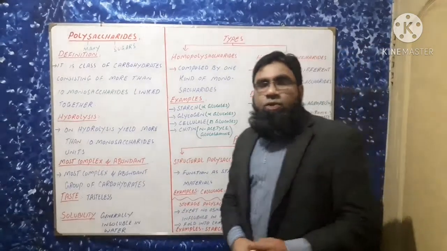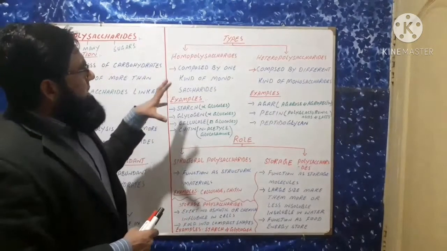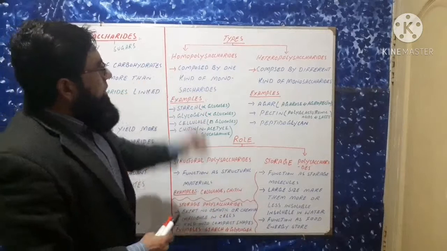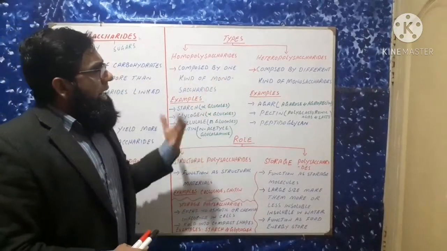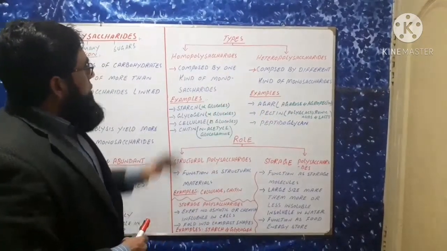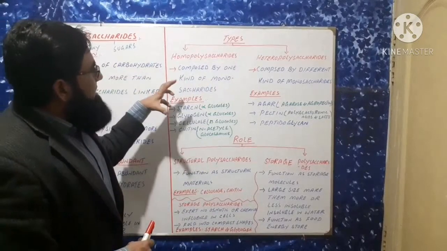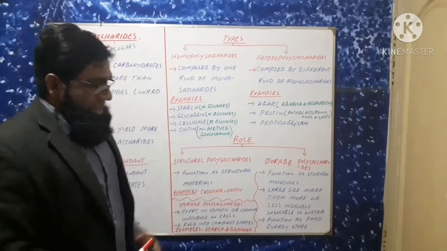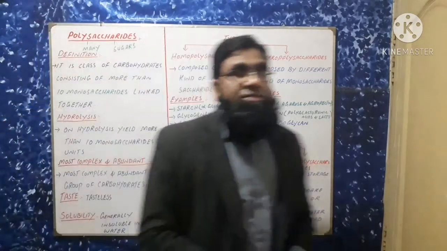Polysaccharides are of two types. One type is called homopolysaccharides, and the second type is called heteropolysaccharides. How can we define homopolysaccharides? Homopolysaccharides are those polysaccharides which are composed of one kind of monosaccharide. They only contain one kind of monosaccharide.